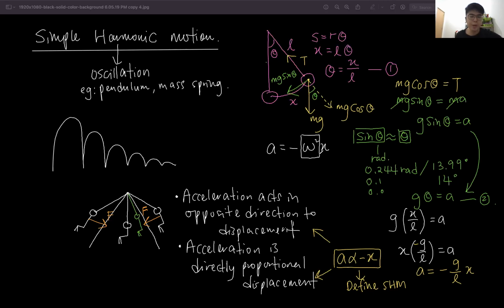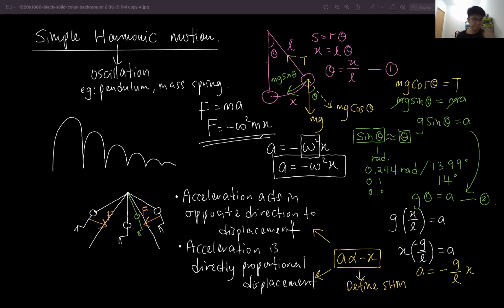Why do they want to put squares? Just because they want to make it positive, right? So you get this equation a equals minus omega square x. This is for the simple harmonic motion, right? So force equals ma. We put it in, that means we get minus omega square mx. That is my resultant force here.